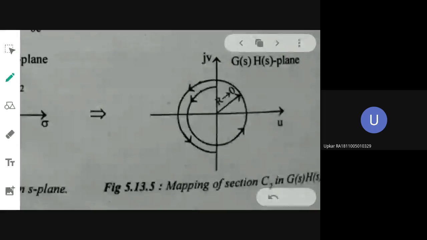So it travels from minus 270 to plus 270. Because if it is from 90 to 90, you will get half, but it is 270 to 270. That's why double encirclements are there. I hope you understood, because the markings are taking a long time to show, so I am telling it in words.